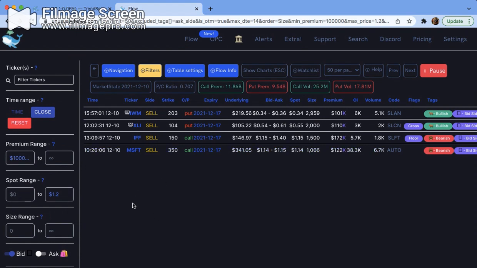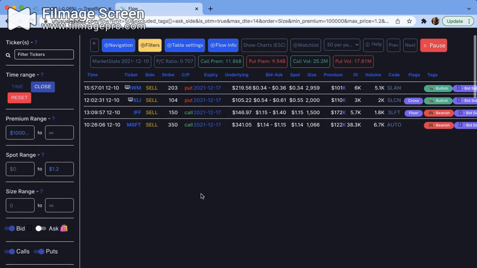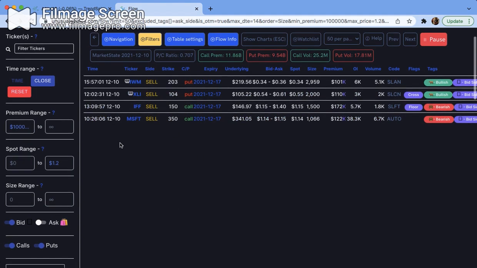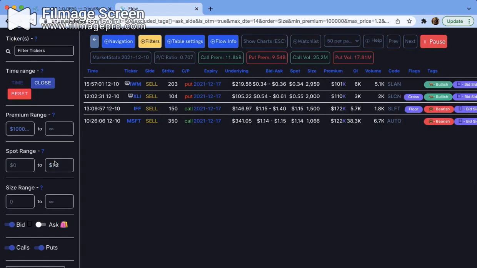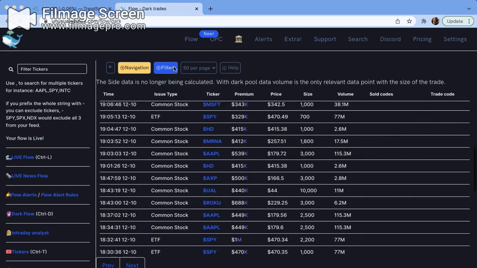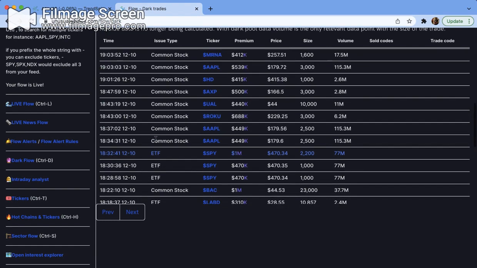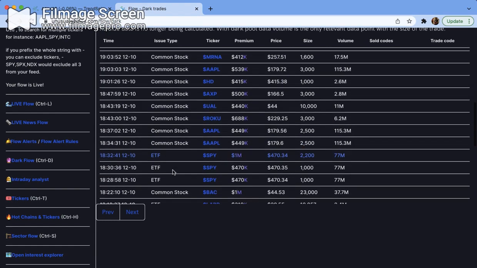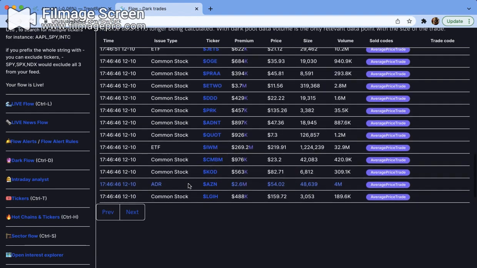But there's a couple here as well that we see. Microsoft as well. They sold some 350 calls, big moves, stuff like that. And then where I got AAL, right? So I went over here. This is actually off of the dark flow ticker. I clicked on that, and then I was just looking through these, seeing if we see anything cool.